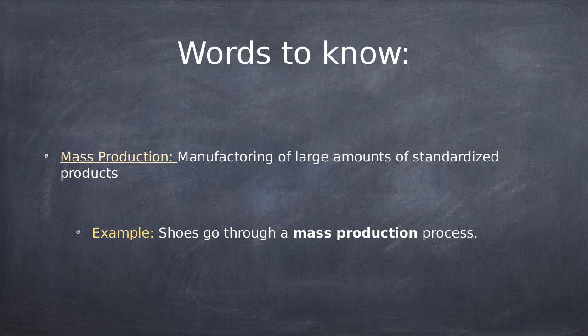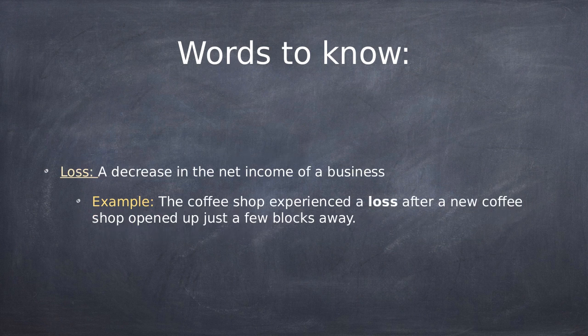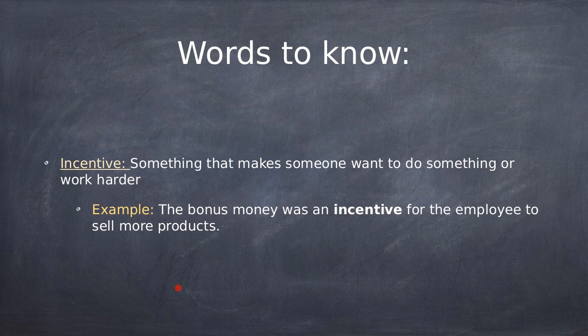Most of everything that you guys buy has been mass produced, from shoes to clothing to even food that you eat. Profit is money that is made in business. It's kind of self-explanatory. A loss is a decrease in the net income of a business. Incentive is something that makes someone want to do something or work harder.